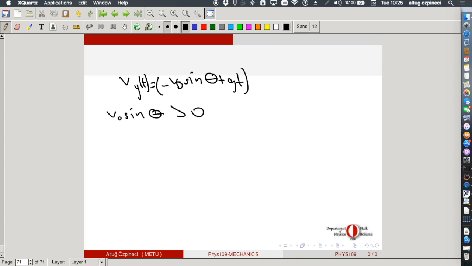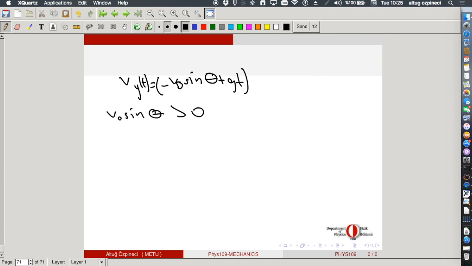So does the y component of the velocity get smaller or larger with time, initially? At the moment that I throw my object, does the magnitude of the y component get smaller or larger? It approaches 0.